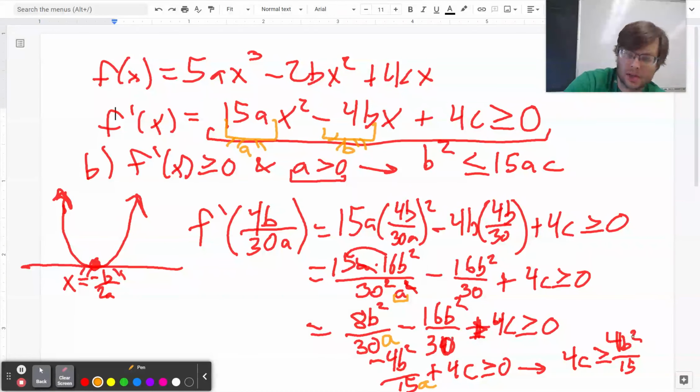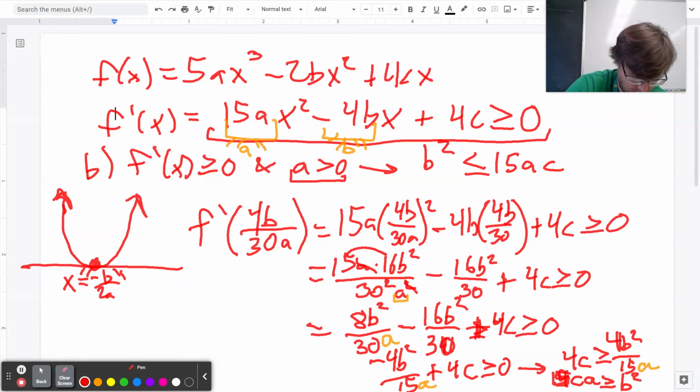And so then I've got the a right there. And then I can multiply both sides by 15a and divide both sides by 4. And I've got the expression that I wanted: 15ca is greater than or equal to b squared, which is the same as what I was asked to prove.